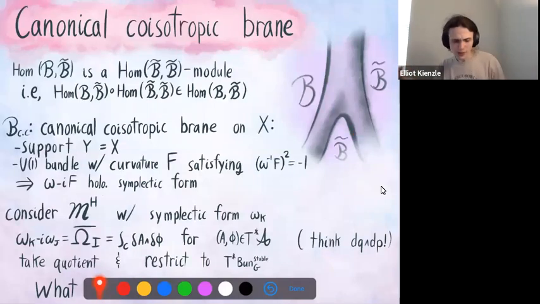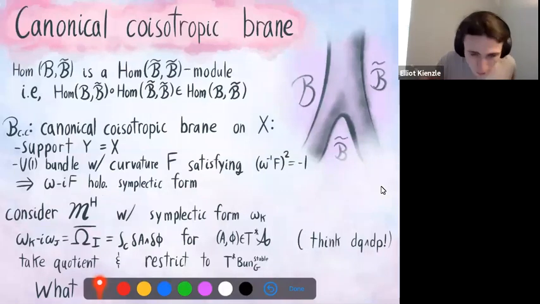Okay, so let's define the canonical coisotropic brane. We want it to be canonical, so let's choose the most canonical coisotropic submanifold we can think of, which is just the whole manifold itself, which is clearly coisotropic because the normal bundle is 0. So the symplectic form has to be 0 when restricted there.